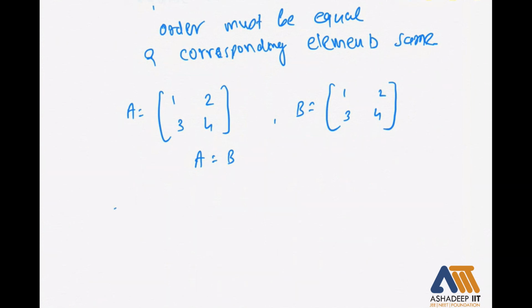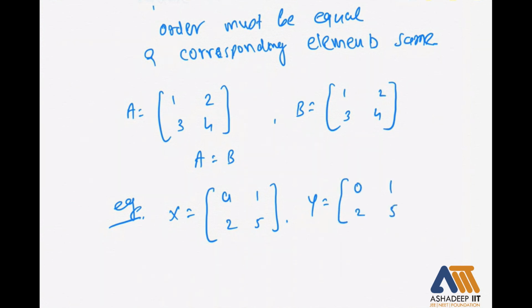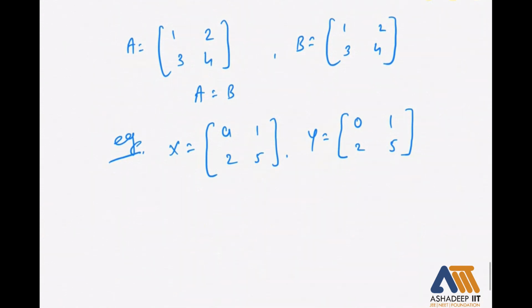Again, let us consider another example. Let matrix X be A 1 2 5 and another matrix Y be 0 1 2 5. If it is given that X is equal to Y, then here we can write A is equal to 0.